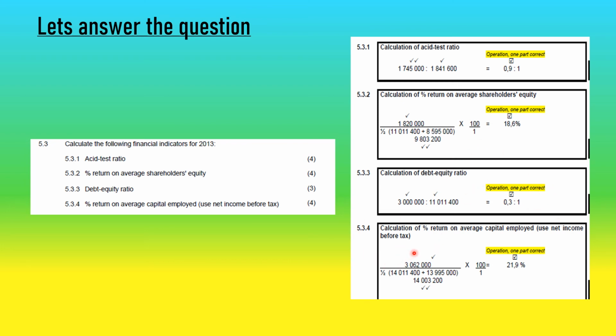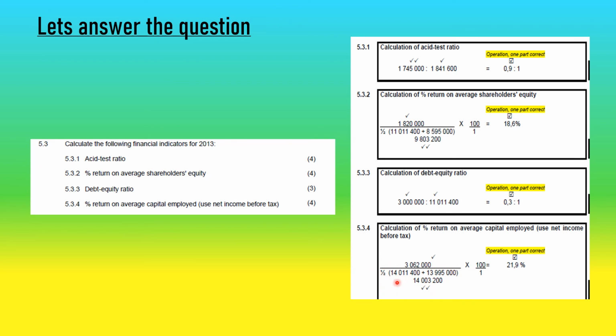Even this one, 5.3.4, calculation of percentage return on average capital employed. That's your return, and in this case, they told you to use your net income before tax. You would have the average of your loan and your equity.